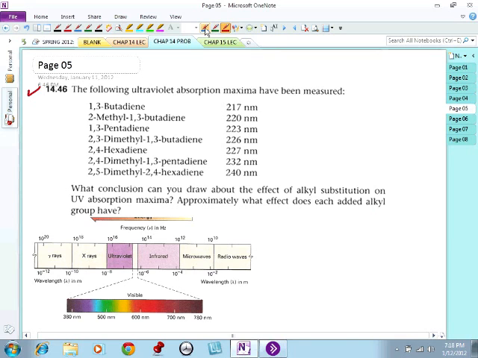For example, if I have this molecule here, or I have this here, which of these two molecules is conjugated? This is conjugated, right? How will I know that? The only way I can know that this is conjugated is by using ultraviolet spectroscopy.